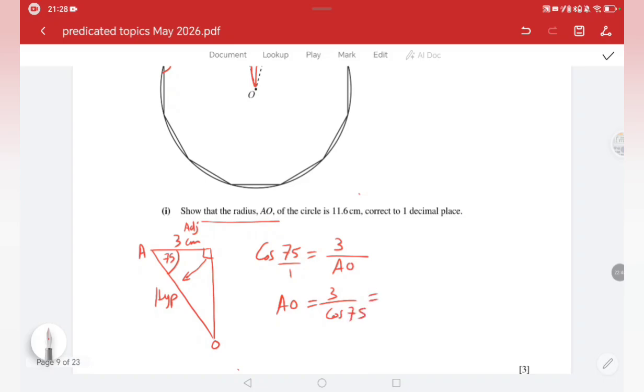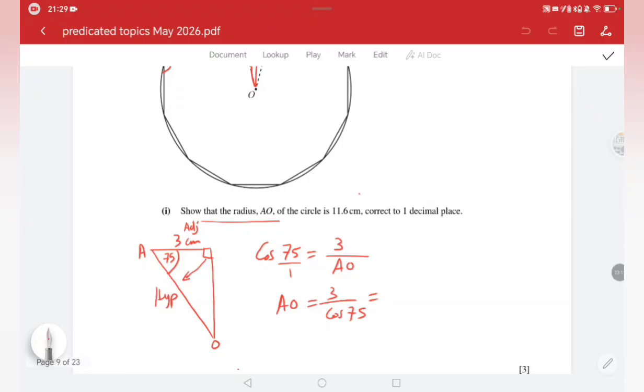Now please, when you are in the exam, take care that the mode is in degrees. When you deal with angles, we are working in degrees, so 75 degrees, because sometimes it's in radians and creates a problem in calculation.